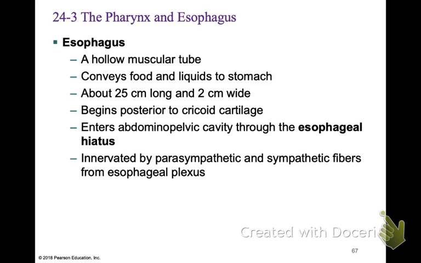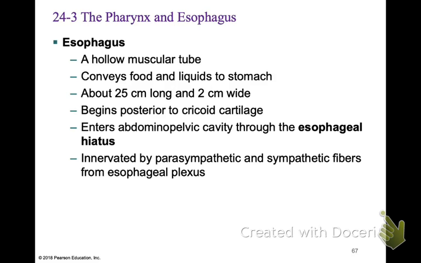And then we move into the esophagus, which is at its upper end skeletal muscle, and at its lower end smooth muscle. Most of it's actually smooth muscle. And it enters the abdominopelvic cavity through an opening in the diaphragm called the esophageal hiatus.